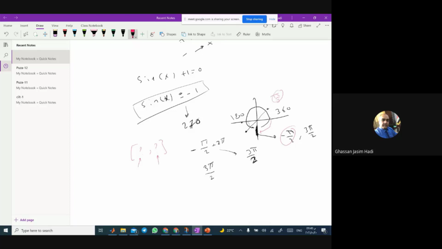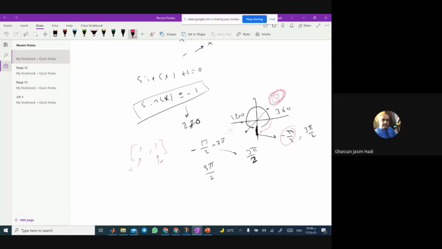And here, can we say minus pi, 2 pi? This is minus pi, and this is the same. He will give us 0. He needs one that gives us positive and one that gives us negative.